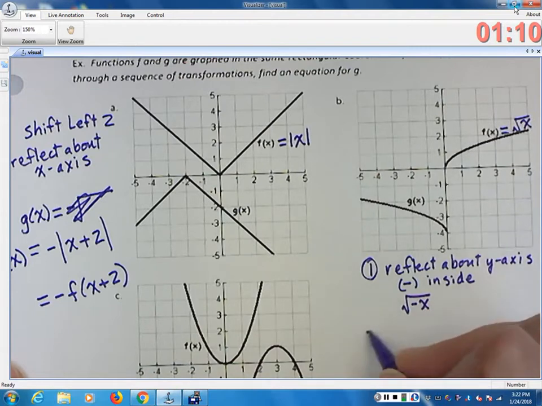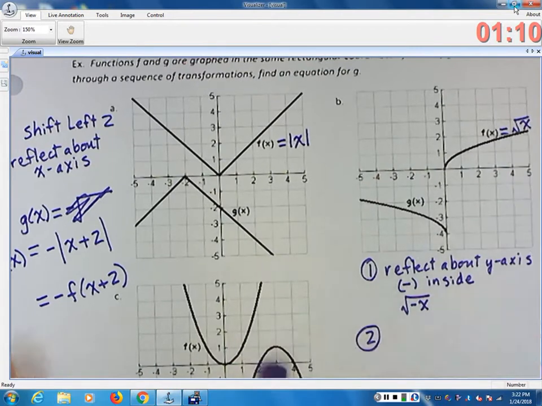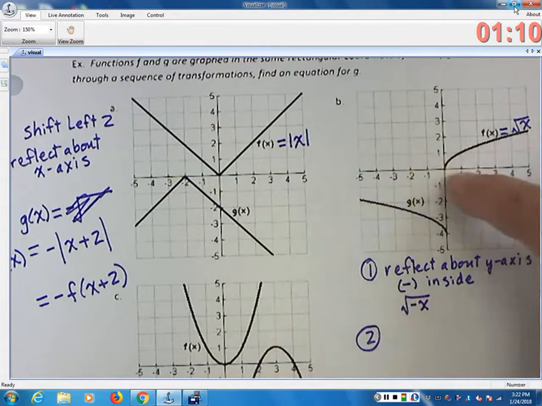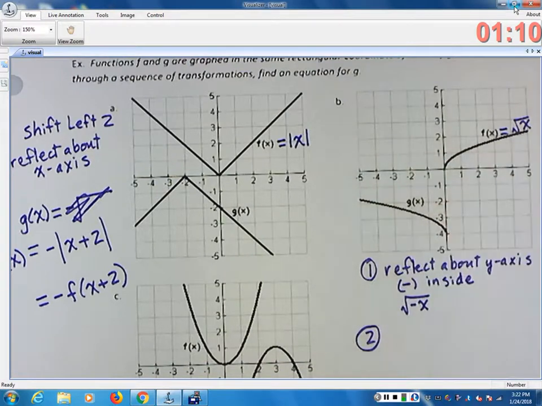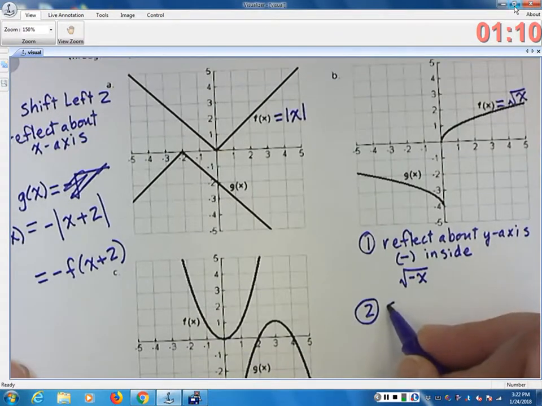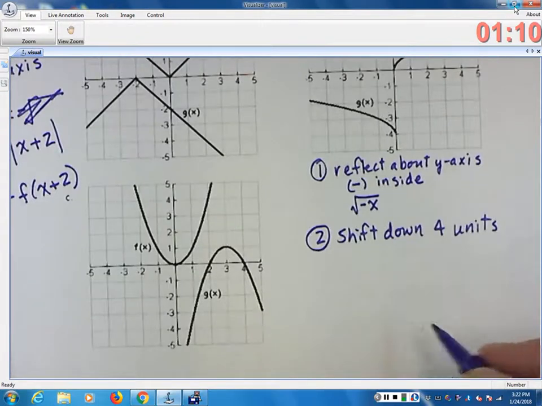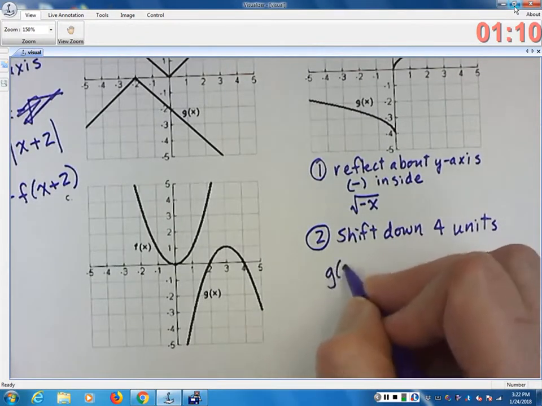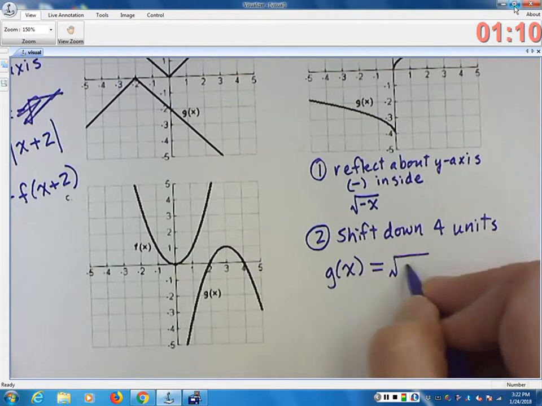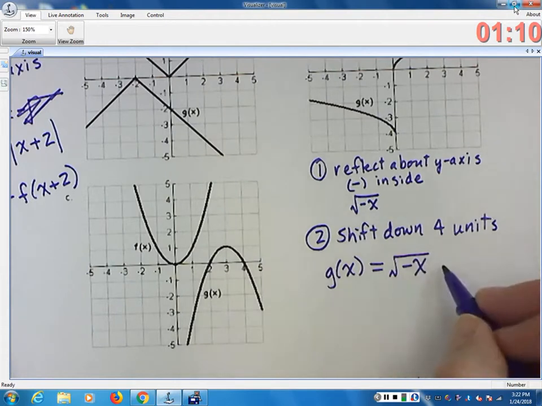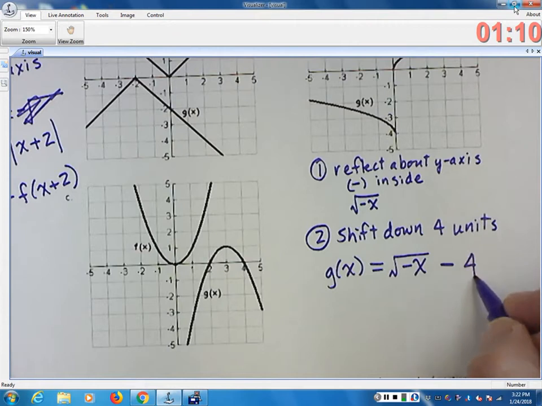And then step 2, we have to shift down 1, 2, 3, 4 units. And that's our g of x. So g of x equals square root of negative x, and shifting down is on the outside, outside the square root function.